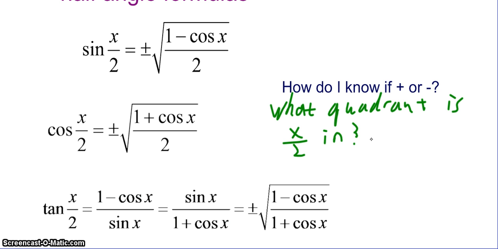So, for instance, if x over 2 is in the second quadrant, then sine is going to be positive, so I would use the plus. But if x over 2 is in the second quadrant, then cosine is going to be negative. Tangent would also be negative. So that's how you know to use the plus or minus, is which quadrant does the half angle fall in.